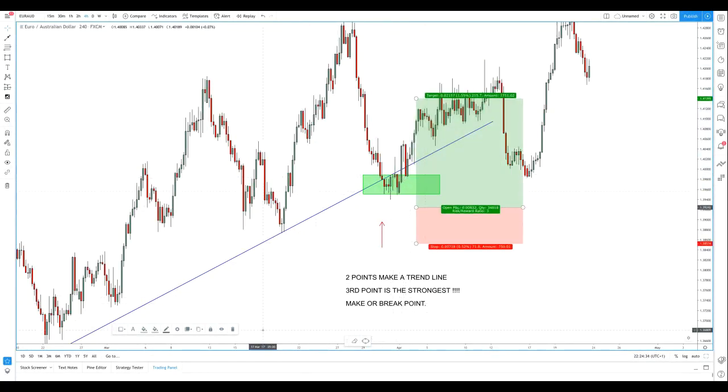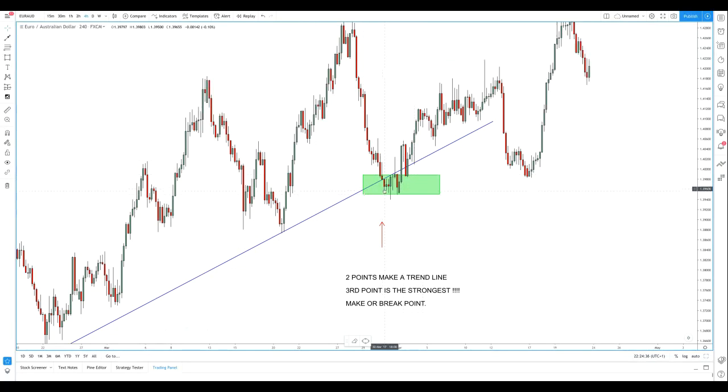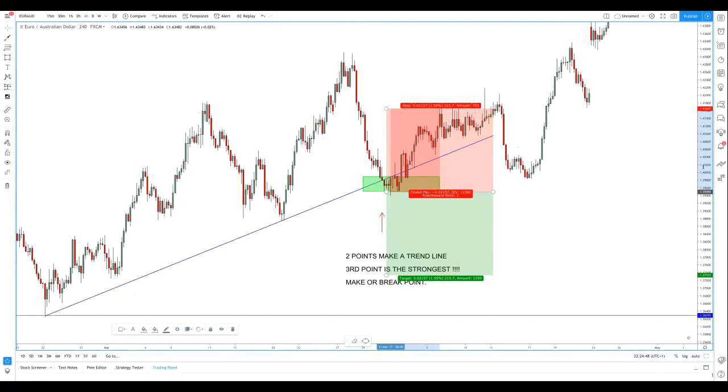But again, what I'm trying to explain is you can see here we've failed to break below that breakout strategy. On the 4 hour, we've tried to break out, to fool most retail traders into taking a short. I'm sure we've all been there when we first learned. Think, oh, the market's broken the trend line, I'm going to take a short trade. And you jump in, and then all of a sudden, bang, it hits your stop loss straight away.